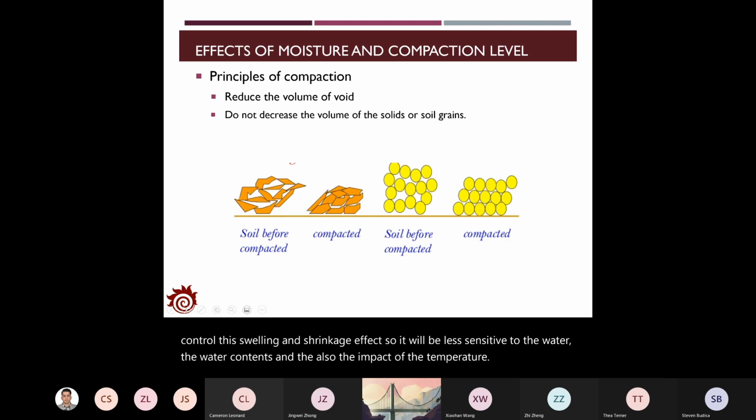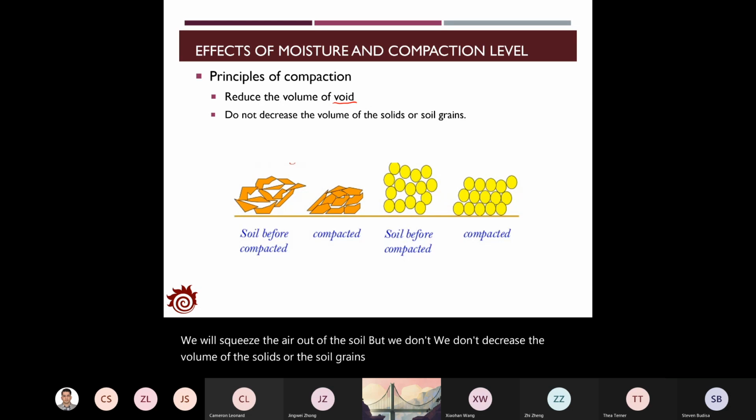And these two figures show the typical effect of soil compaction. Generally, by applying compaction, we only reduce the volume of the air voids, which means we squeeze the air out of the soil, but we don't decrease the volume of the solids or the soil grains.